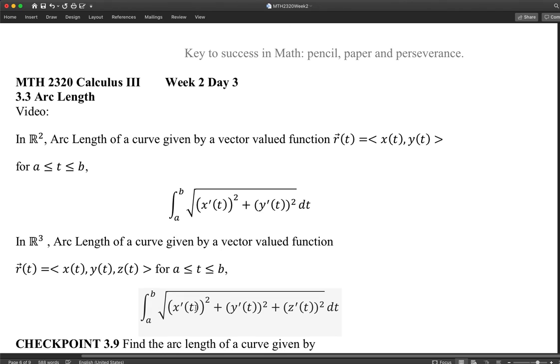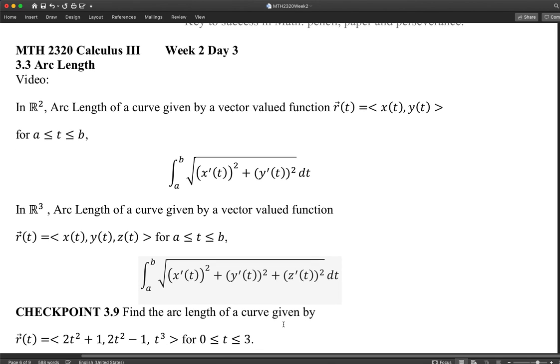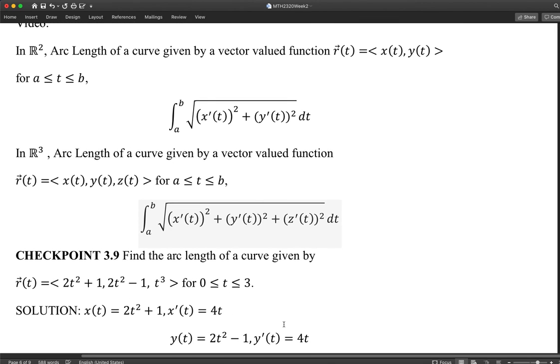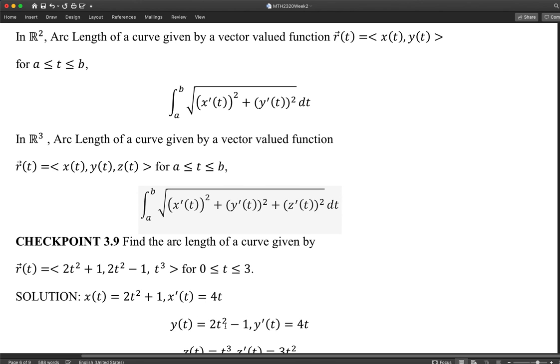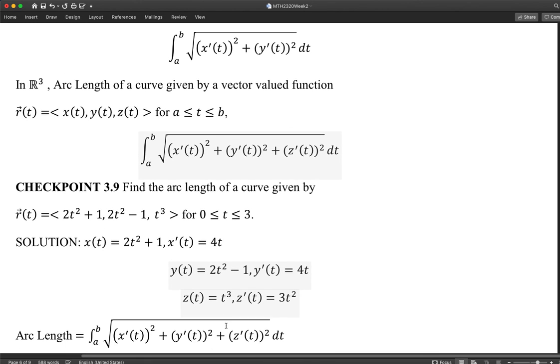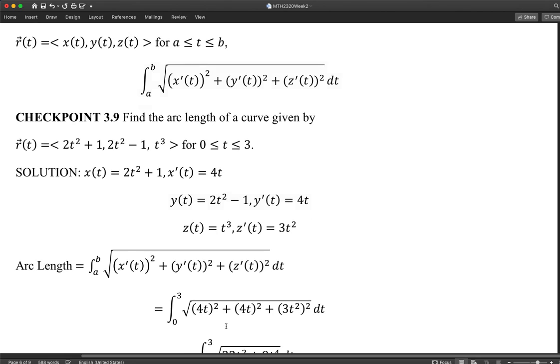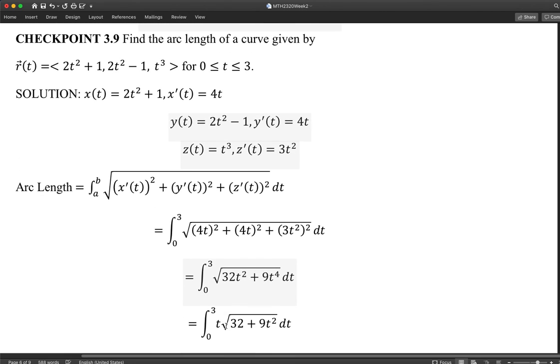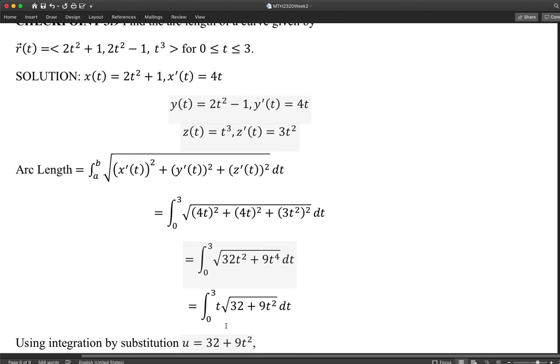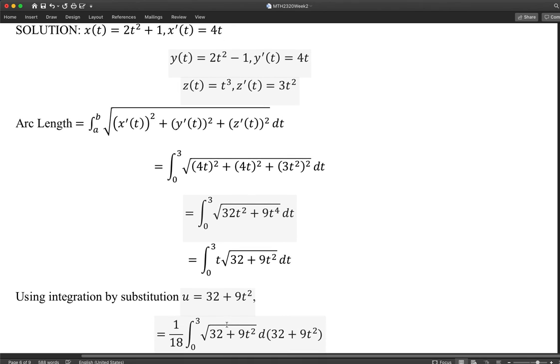Especially do give a try at how you handle an integral with a square root, because usually it is hard. The example I showed here does require the technique of integration by substitution. I hope you still remember the technique and can handle it very well. And if not, let me know.